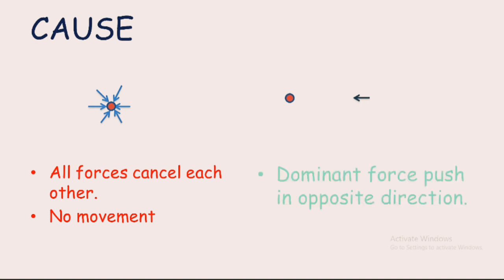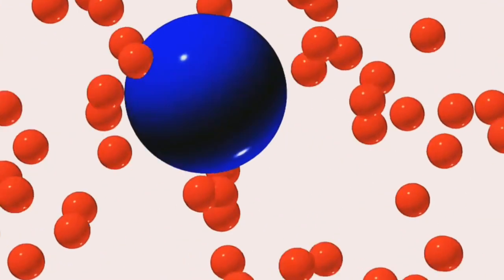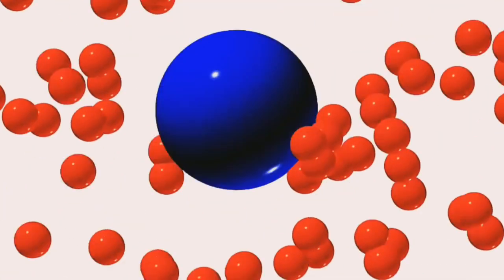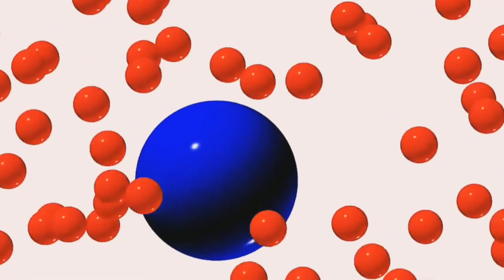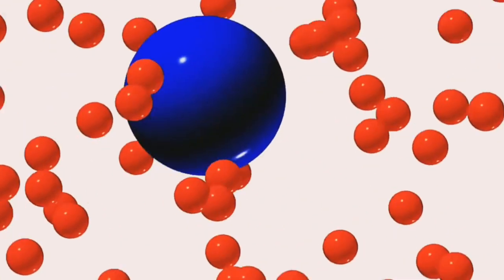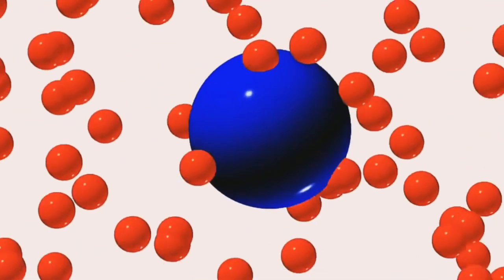As you can see in this clip, when a particle of the dispersed phase is hit by the particles of the dispersion medium from various directions, the dominant force pushes it in the opposite direction.